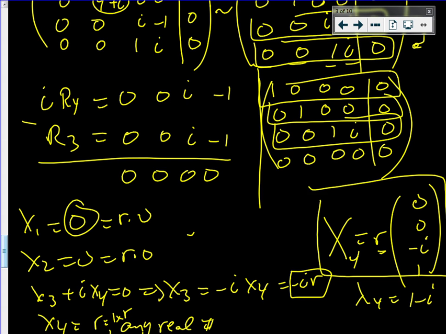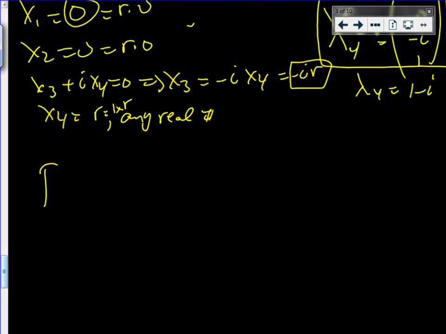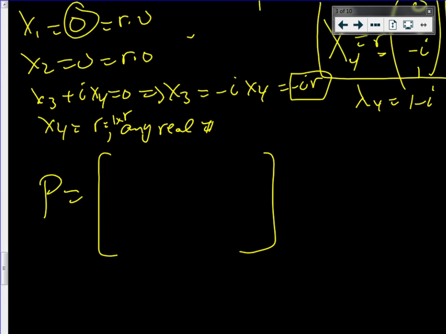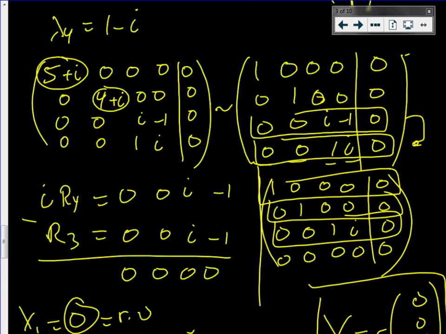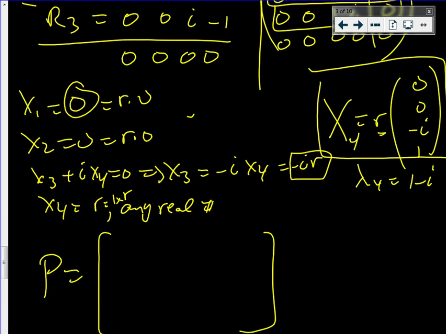Now they want us to find an invertible P. Okay. Let's see if we did it better this time. P is just the 4 eigenvectors. So x4, the last one, is 0, 0, negative i, 1.